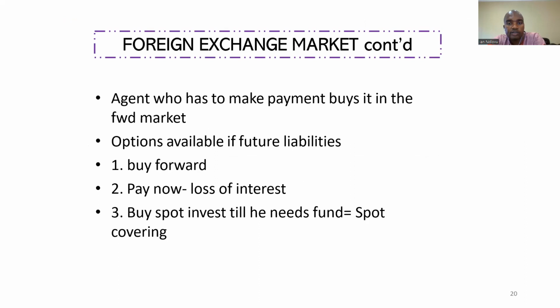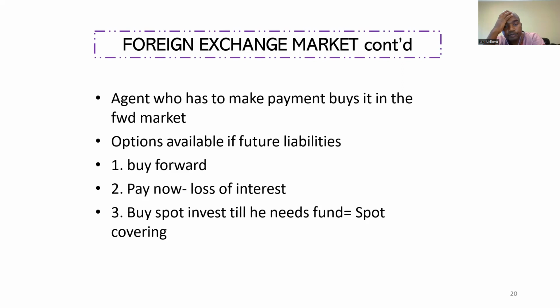An agent who has to make payments buys currency in the forward market. The options available to settle future liabilities are: number one, to buy forward a particular currency so that one is able to settle a future liability when it becomes due.